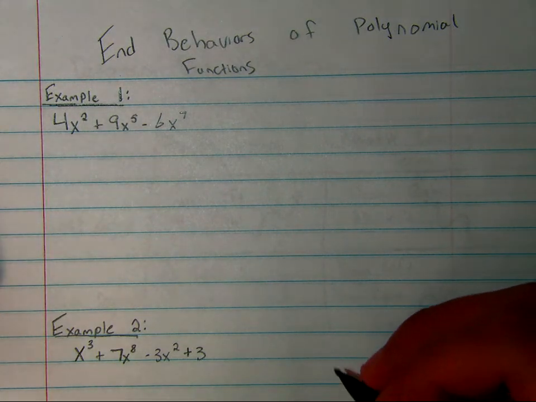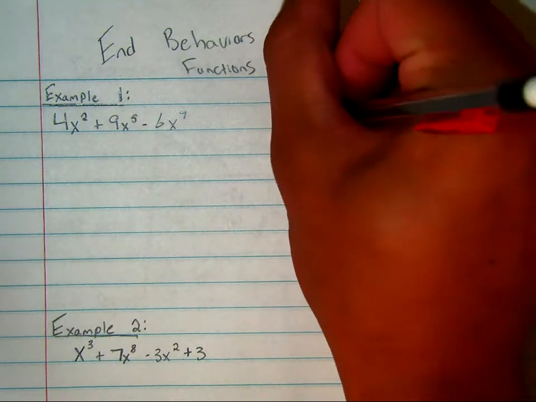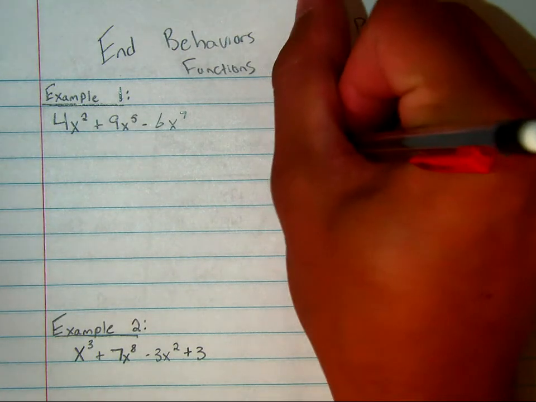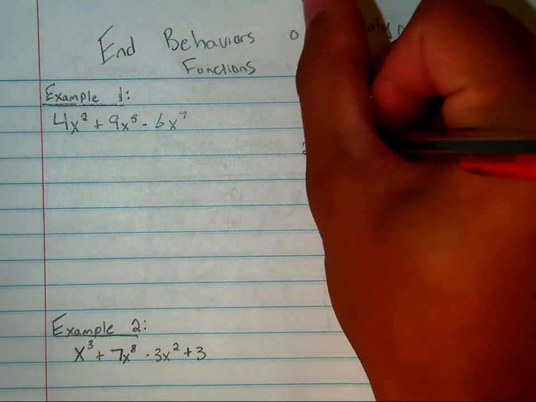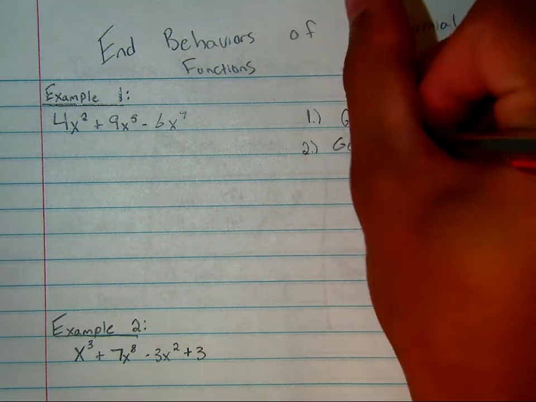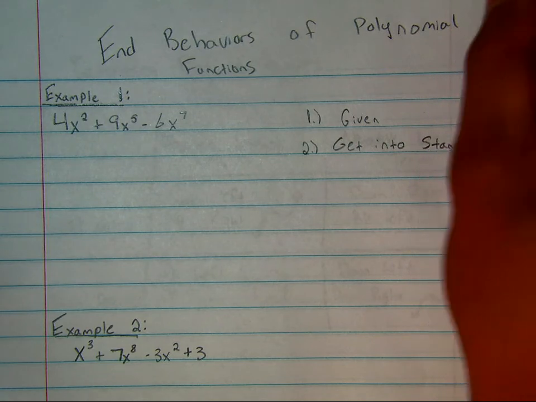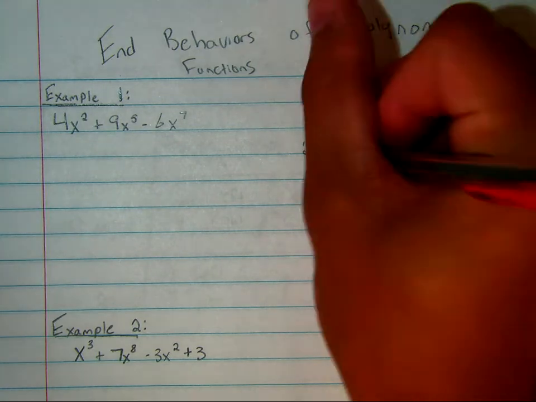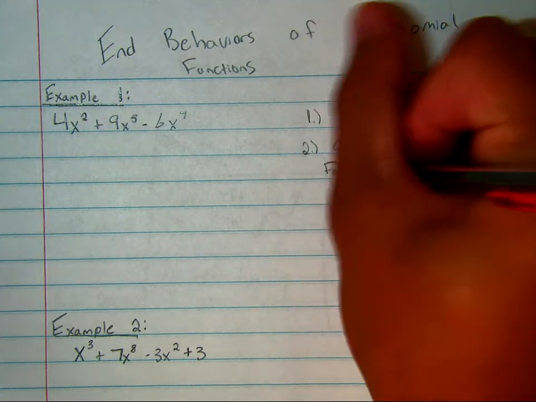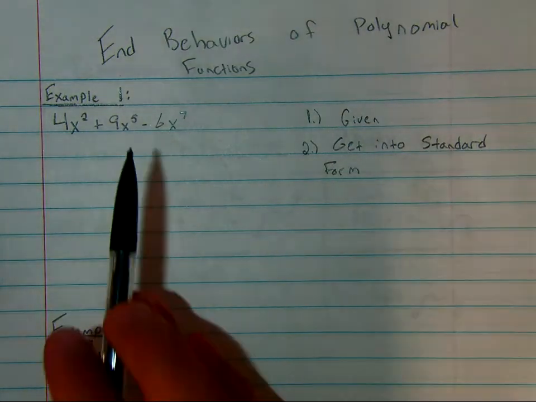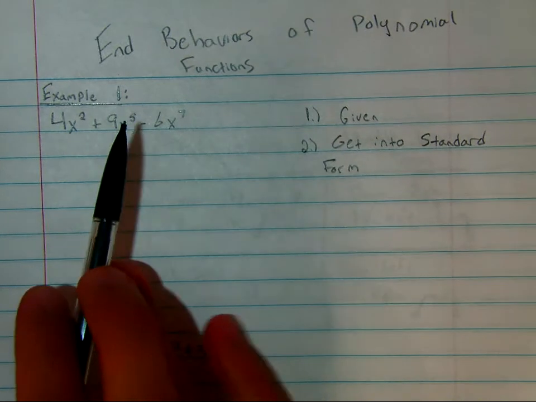Alright, so the first thing we're going to do when we do these, we're given it. First thing we want to do is get it into standard form. Remember standard form, we want to put our polynomial from largest degree.